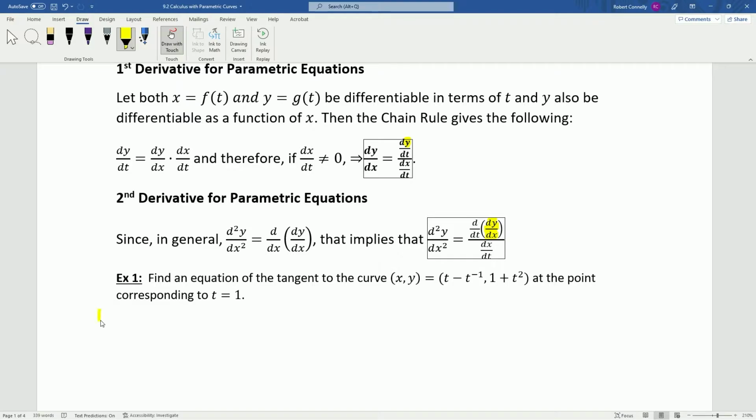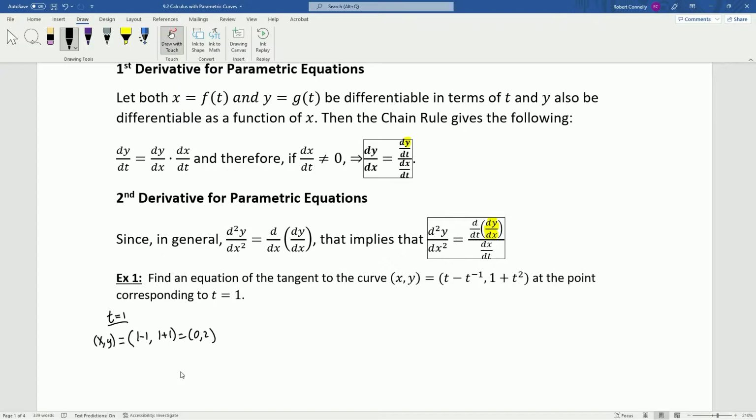So for t equal to 1, what do we get? Well, we get x, y equals 1 minus 1 and 1 plus 1. So that's just 0, 2. So there's our point.